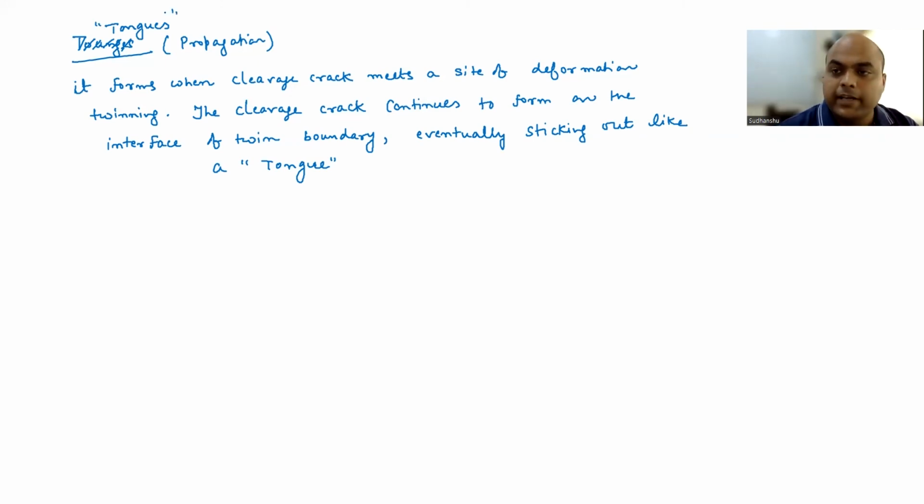Okay, so here twinning becomes very important, and these tongues form when a cleavage crack meets a site of deformation twinning, and then this cleavage crack continues to form on the interface of the twin boundary. So there is a twin boundary, and at the interface it forms, and eventually it just comes out like a tongue. So that feature is called tongue.